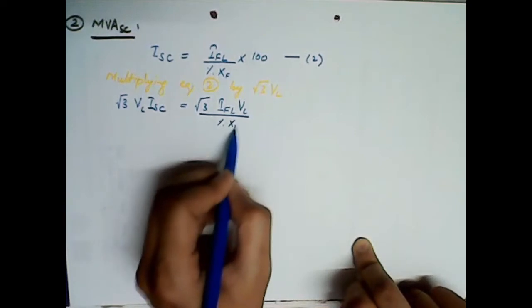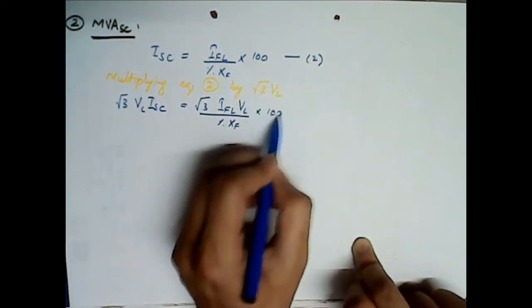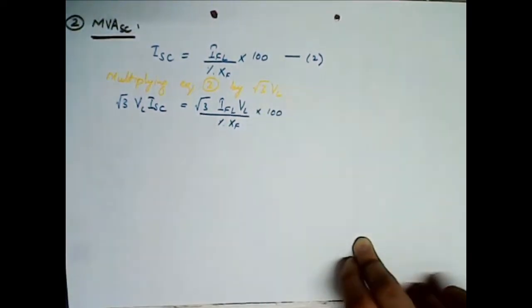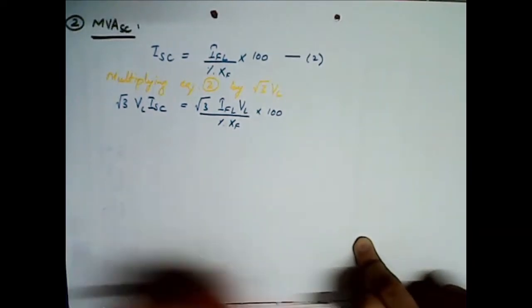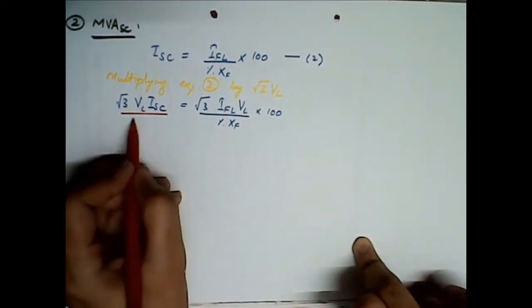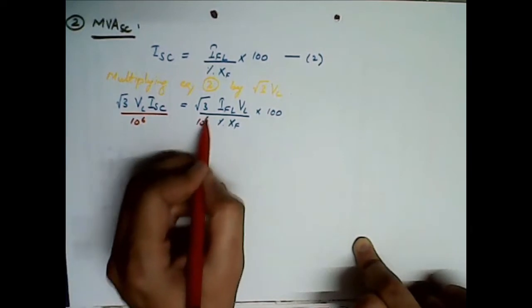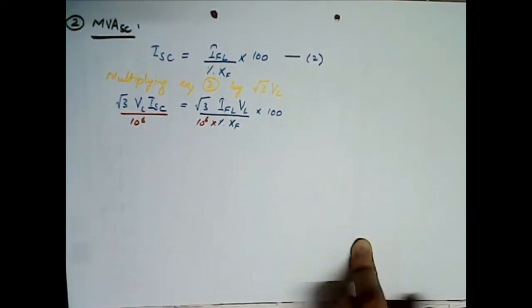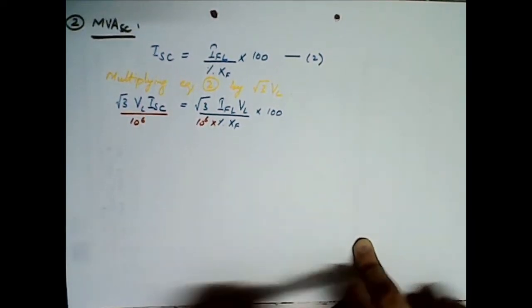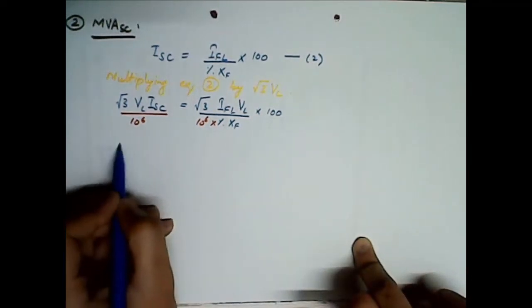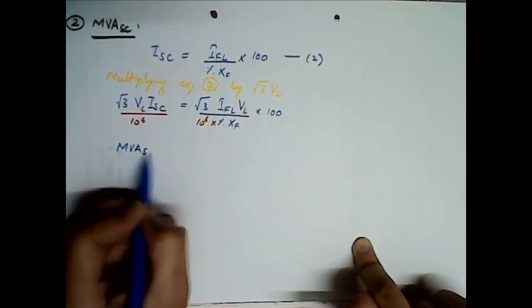percentage XF times 100. And then, in order to make this in terms of MVA, we divide both sides by 10 to the power 6. So now our expression will become MVASC. Why?